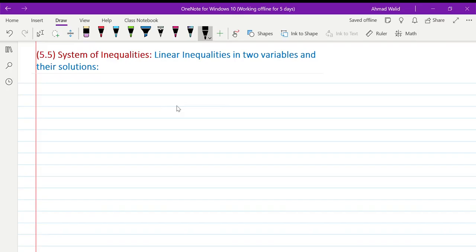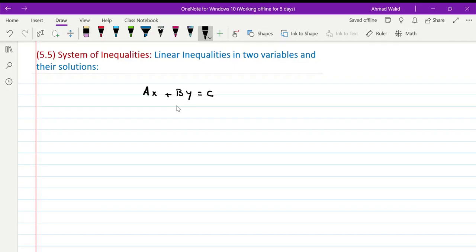Any equation in the form of ax plus by equals c, we called it a linear equation in two variables, correct?